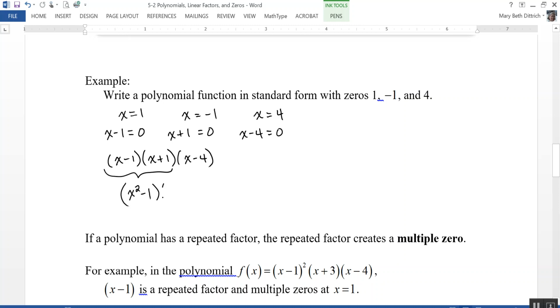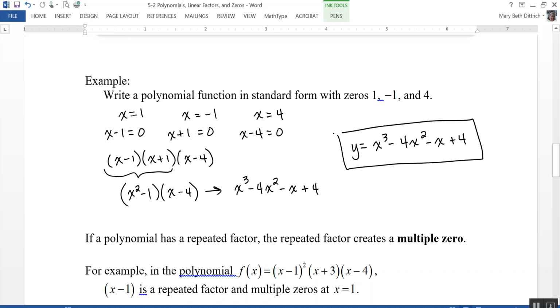So I have that times x minus 4. So I just FOIL that, and that's going to give me x cubed minus 4x squared minus x plus 4. So my polynomial function is going to be y equals, or you could use f of x or p of x, equals x cubed minus 4x squared minus x plus 4.